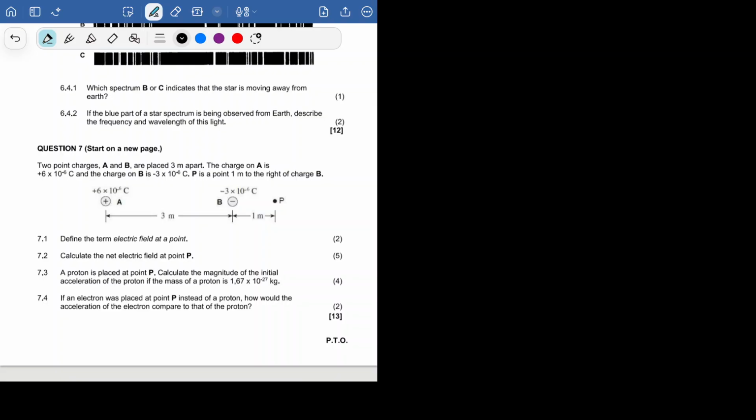Now, since a proton is placed at point P, calculate the magnitude of the initial acceleration of the proton if the mass of the proton is 1.67 times 10 to the power of minus 27. So they want the net acceleration, right?